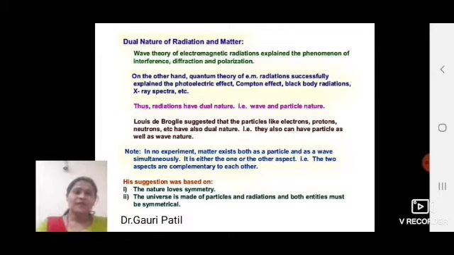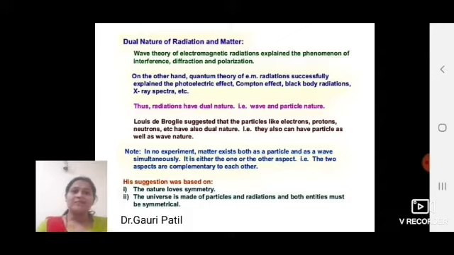In no experiment does matter exist both as a particle and as a wave simultaneously. It is one or the other, meaning the two aspects are complementary to each other.